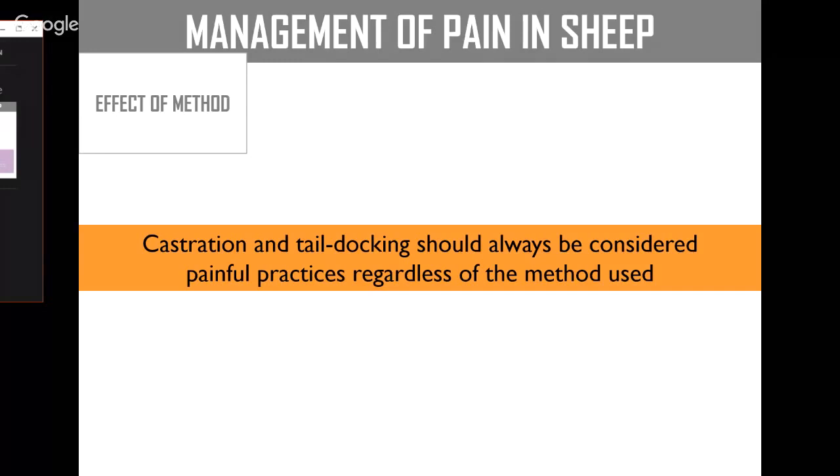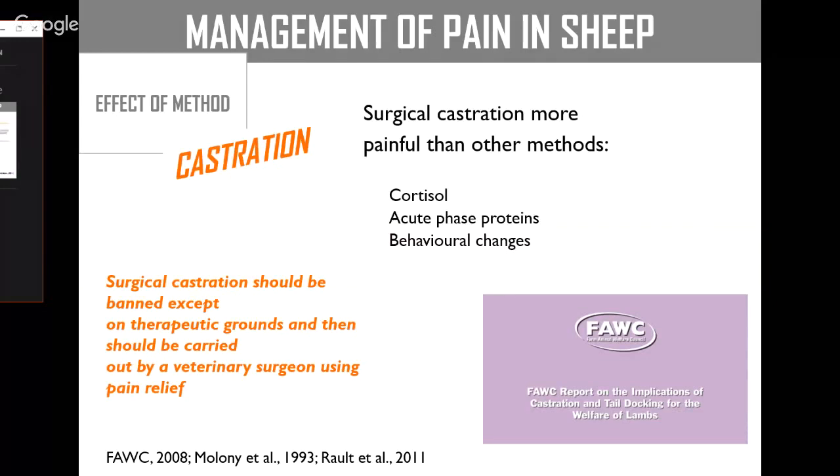Now, having said that, however, I think we do have some good evidence using cortisol and acute phase proteins. Remember, cortisol is probably the most widely used physiological marker of pain. Acute phase proteins such as haptoglobin reveal an inflammatory state.